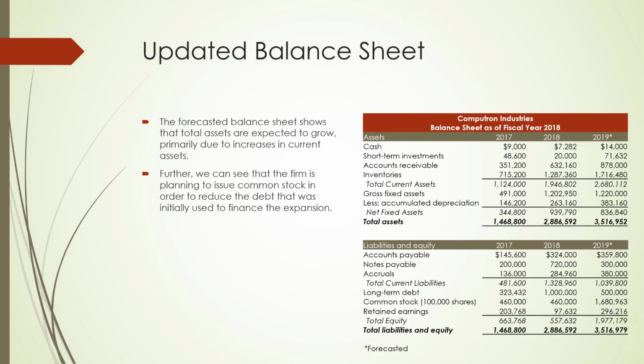The firm is going to issue a bunch of common stock, and so allow them to reduce the amount of debt that they have outstanding. If you look here, long-term debt is going to fall from $1 million to $500,000. Notes payable will fall from $720,000 down to $300,000. So they're going to do that by selling common stock. So this is what's known as recapitalizing the firm.